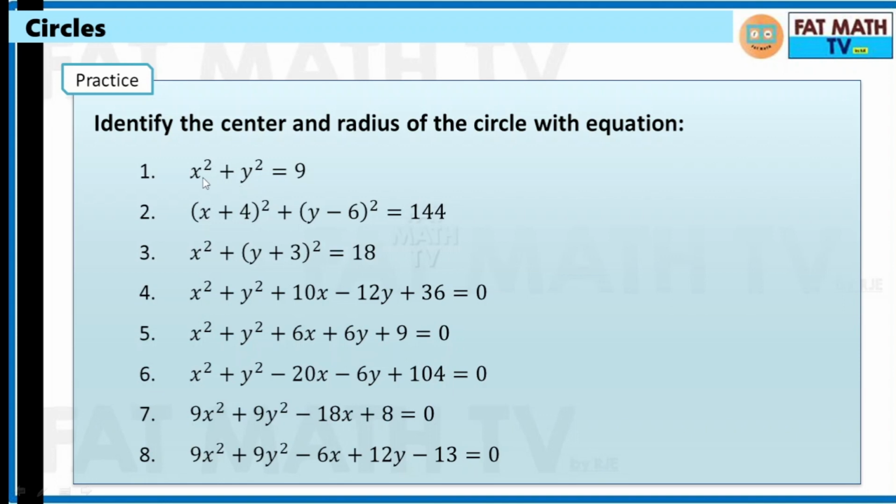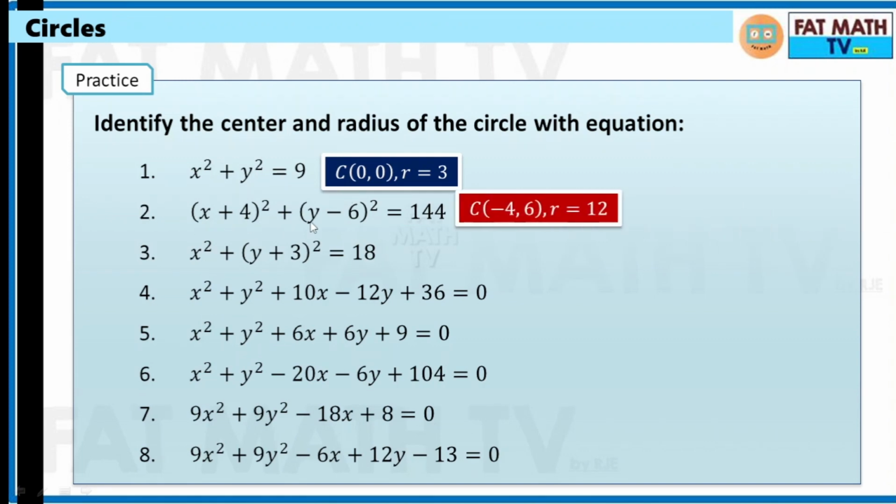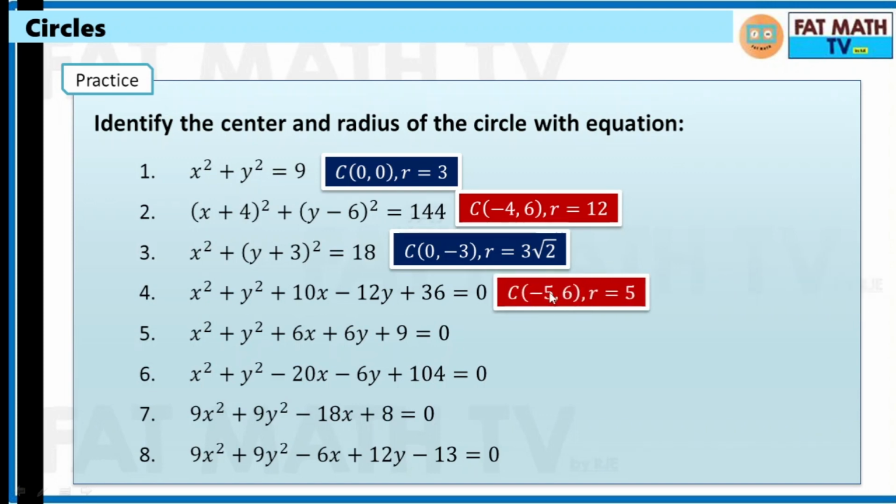Okay, let's check. In number 1, standard form. Center is at 0, 0, radius is 3. Number 2, center negative 4, 6, radius is 12. Number 3, center 0, negative 3, radius is 3 square root of 2. Number 4, center negative 5, 6, radius is 5.